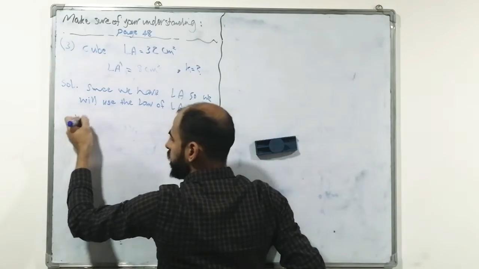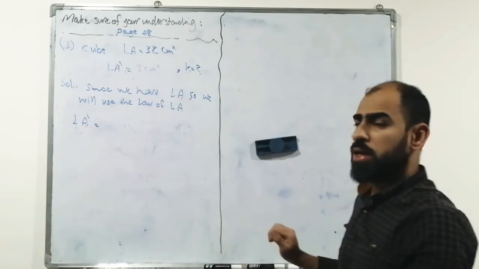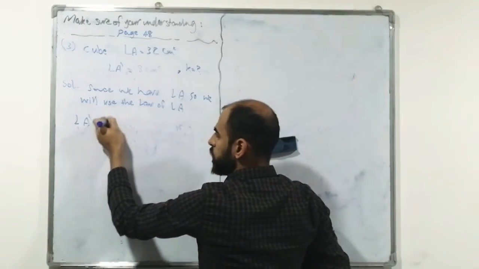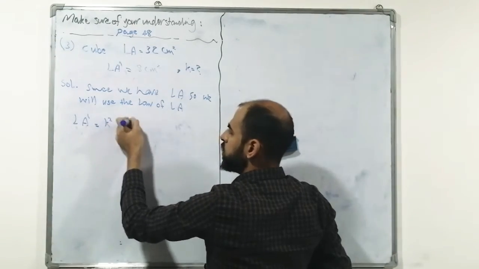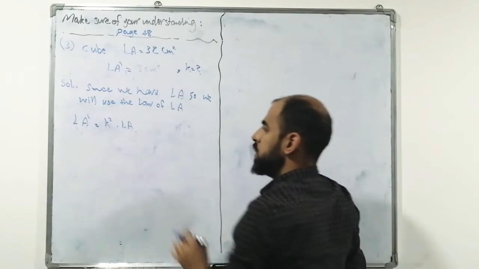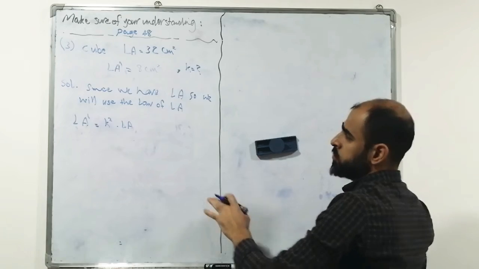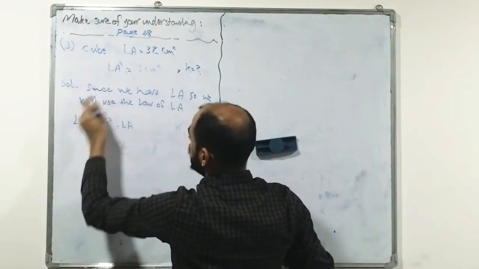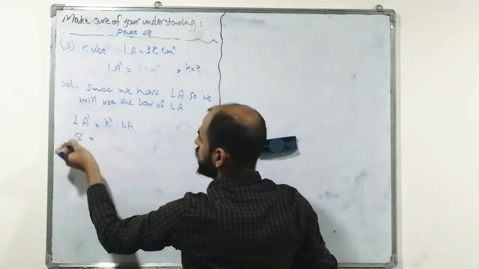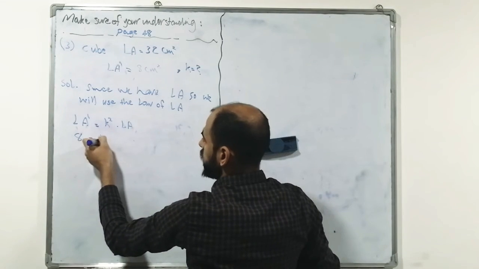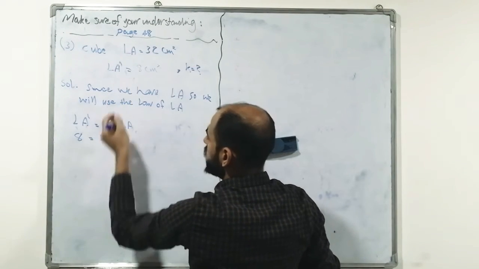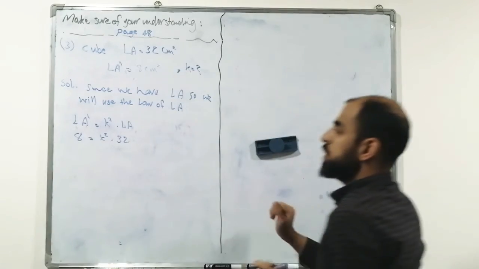The lateral area of any shape after dilation equal k to the power 2 multiplying by the lateral area of the original shape, LA. Now, by substituting the known value, lateral area dash, which is 8, equal k to the power 2 multiplying by the lateral area, which is 32.